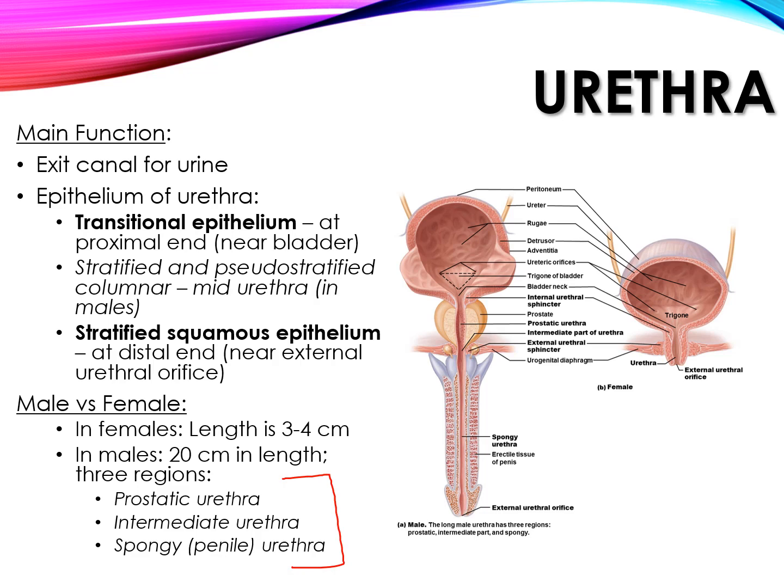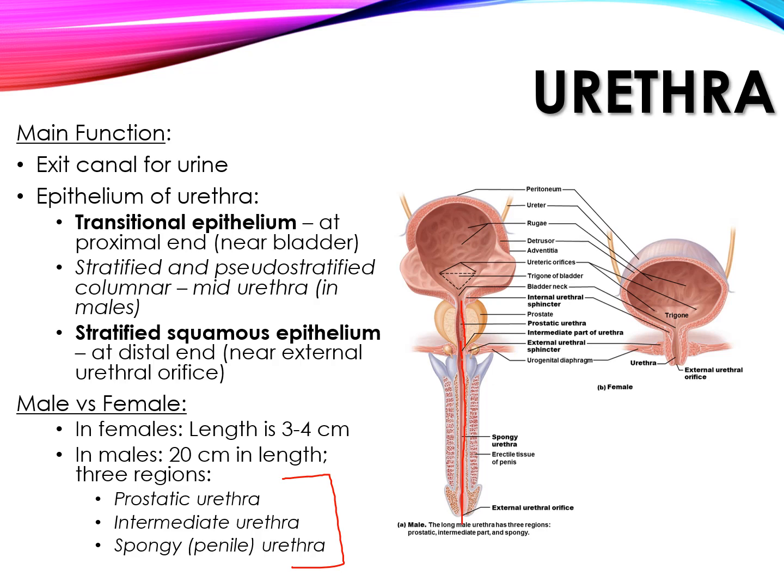And in between that, in the males, it does switch to the pseudo-stratified columnar, kind of mid-urethra, but in the females, it just kind of switches into that stratified squamous epithelium near the kind of distal end of the urethra.